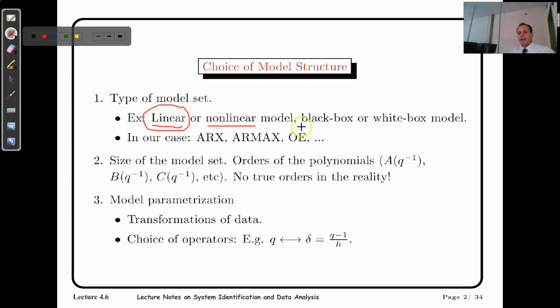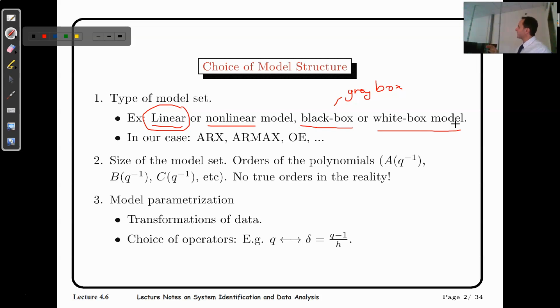Of course, you can select black box, so completely unknown in the parameters, or white box. White box means that you know the structure and the parameters. In the middle, not written here, is gray box, something in the middle.